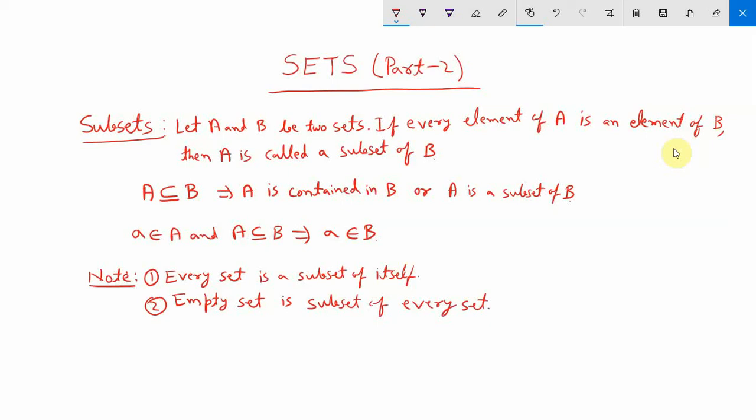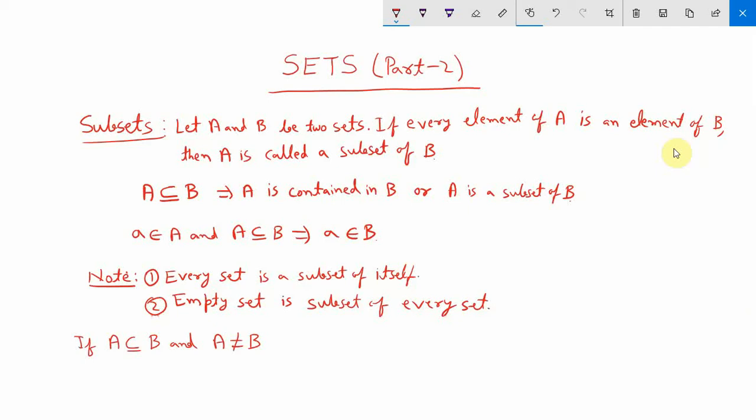And a subset A of a set B is called a proper subset if A is not equal to B. So if A is a subset of B and A is not equal to B, in the last lecture we have seen what is equal sets. So all elements of A should be in B and all elements of B are in set A, then set A and set B are equal sets.